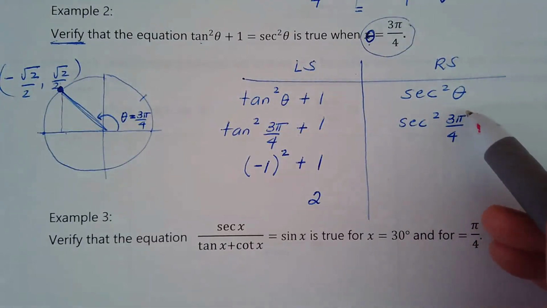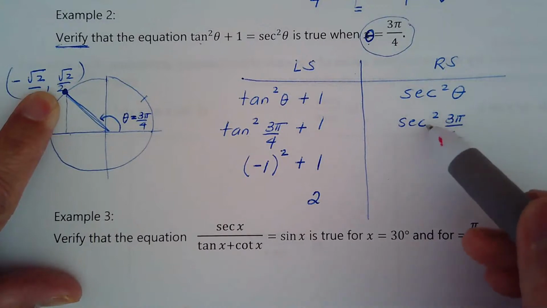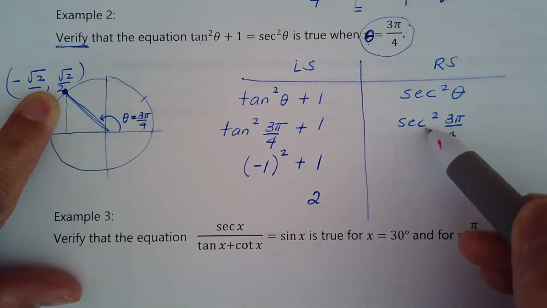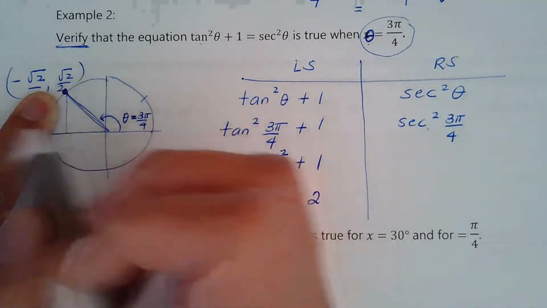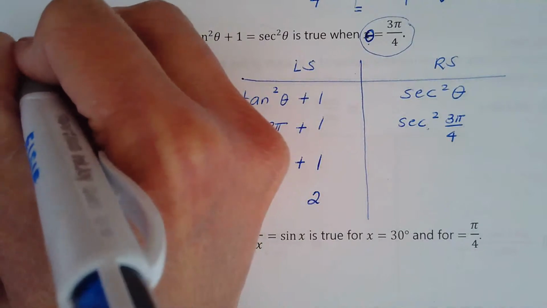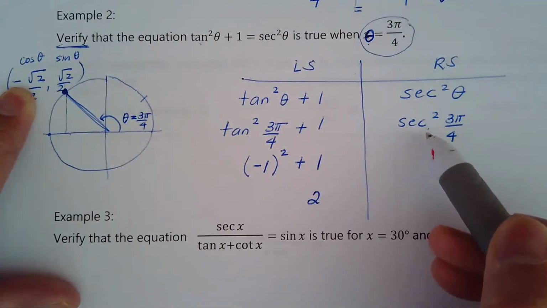Okay, so where's 3π/4? It's right here. Which one is secant? Secant is the reciprocal of cosine. So this is cos theta, and then this is the sine theta.